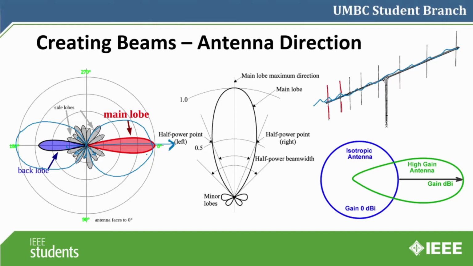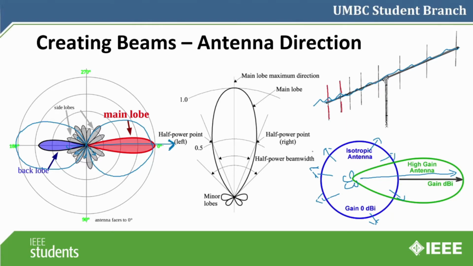So satellites will typically have two antennas, a low gain antenna, which means that it transmits in a bunch of different directions equally so that you don't have to point it, and a high gain antenna, which puts most of its power in one direction, again with some power coming out on the sides.